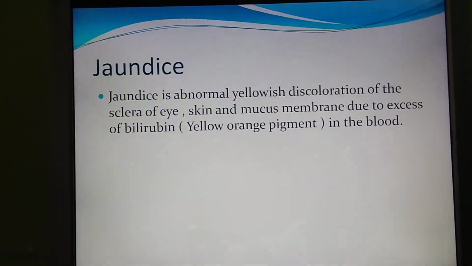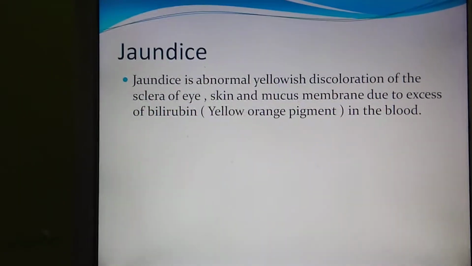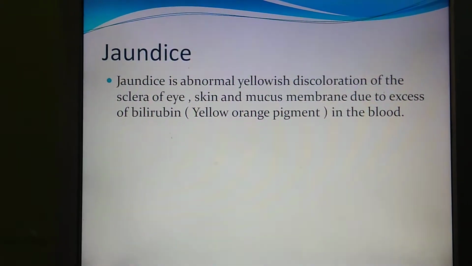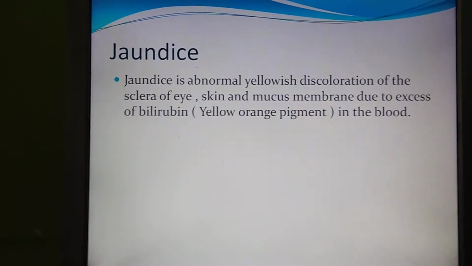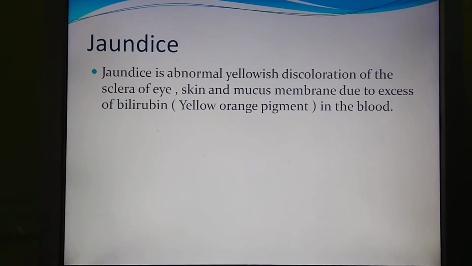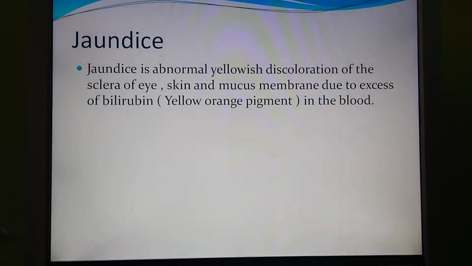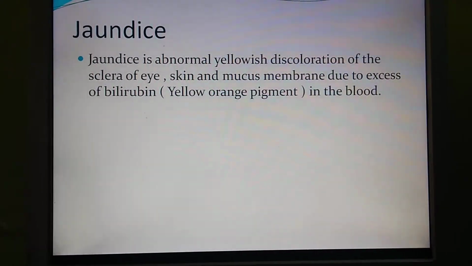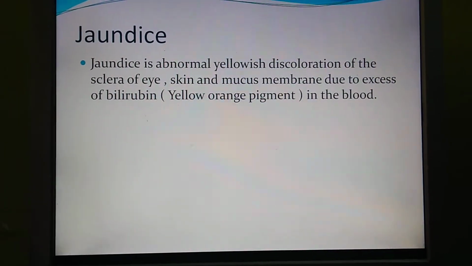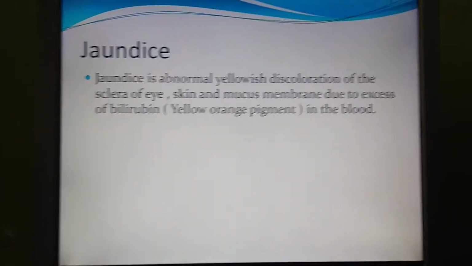The next condition is jaundice. You are aware of bilirubin. This bilirubin is a breakdown product of hemoglobin. When there is RBC destruction after 120 days normally, the hemoglobin also breaks into two parts, heme and globin.